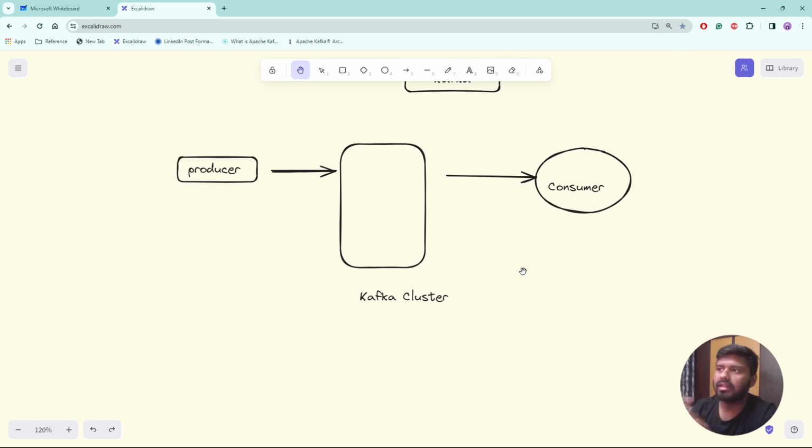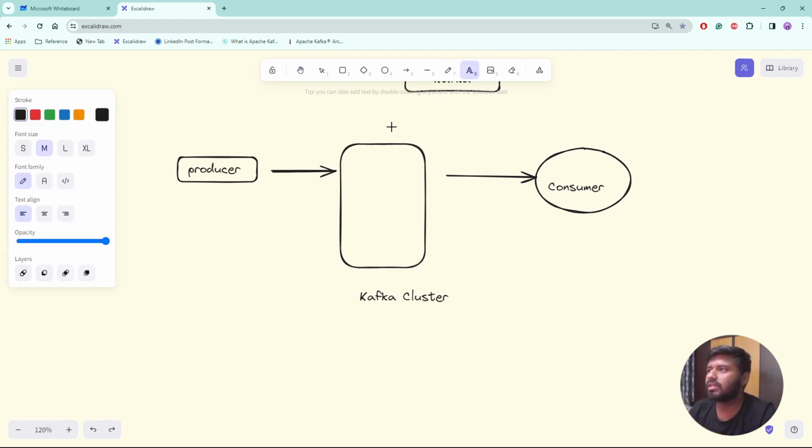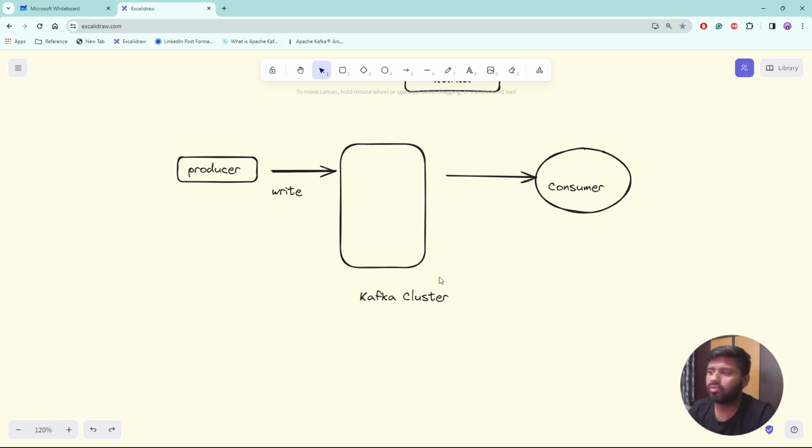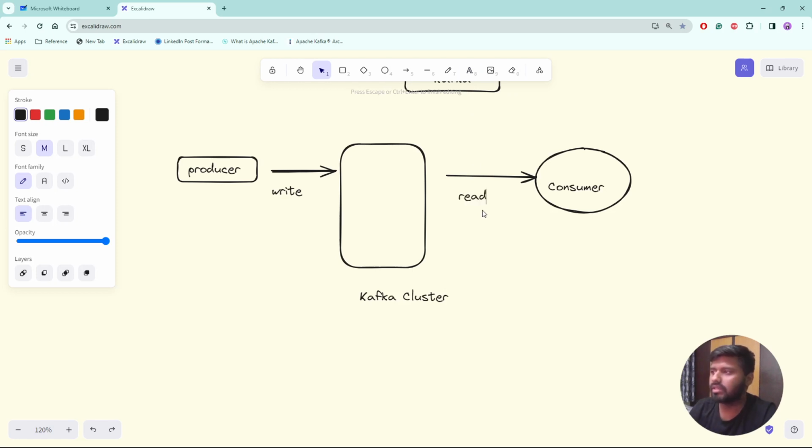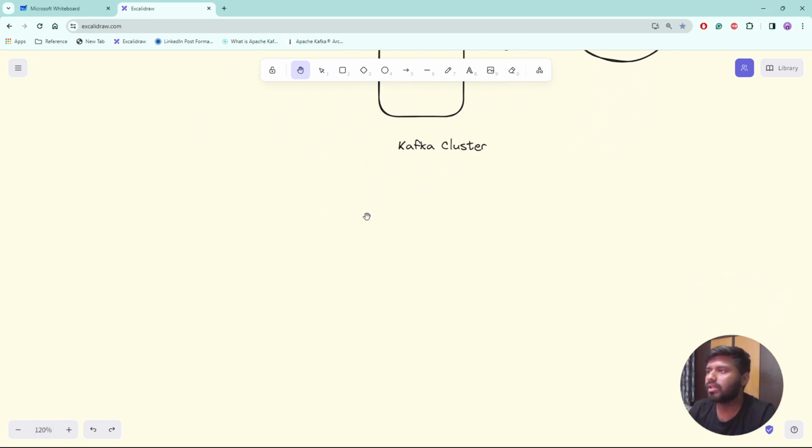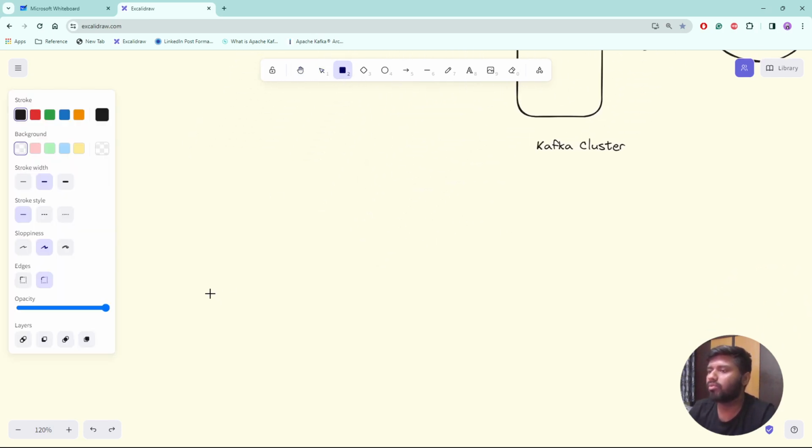The producer's responsibility is to write the data into the Kafka cluster, and the consumer's responsibility is to read the data from the Kafka cluster. Now, to get more information about Kafka, we can draw one more diagram specific to Kafka.